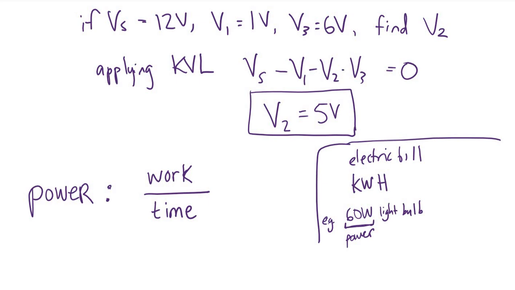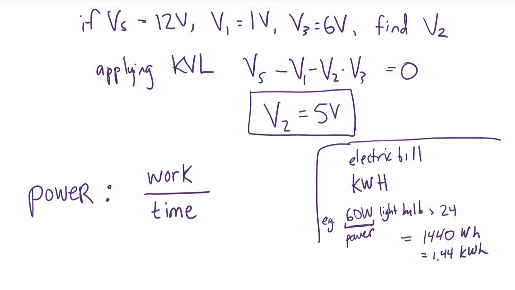So if you have a 60-watt light bulb on for 24 hours, then that ends up being 24 times 60, which is 1440 watt hours, or 1.44 kilowatt hours.